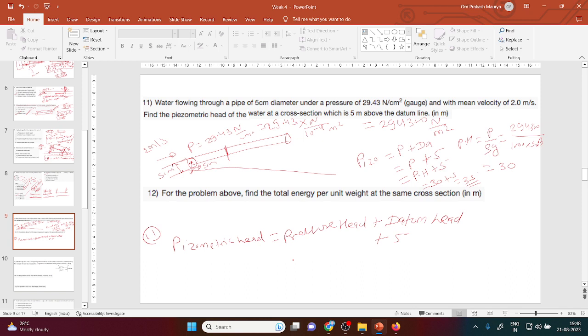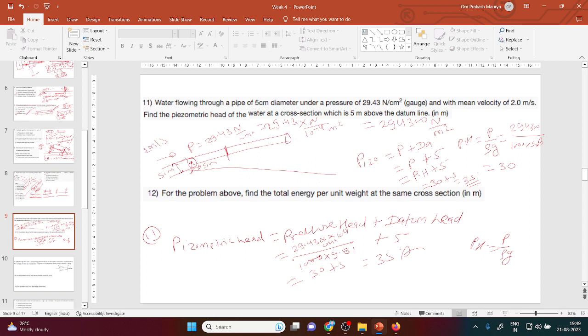So what is pressure head? P by rho g, right? So how much P is given? Pressure is given 29.43, but in Newton per centimeter square, right? You need to convert into meters. You need to multiply by 10 to the power 4, right? So when you calculate this, it will come 30, and 5 is the datum, so 35 is the answer, right?